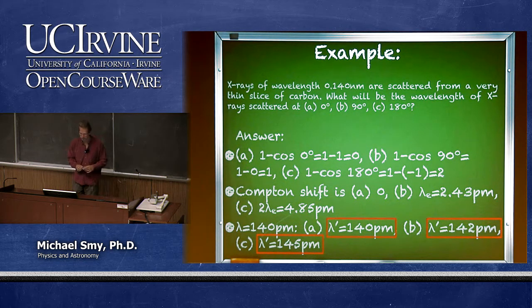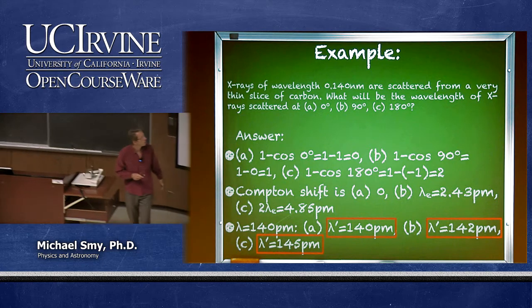So let's calculate an example. Let's assume we have X-rays of wavelength 0.14 nanometers or 140 picometers. And we scatter them from a very thin slice of carbon. And the question is, what will be the wavelength of the X-rays after scattering when they scatter at 0 degrees, at 90 degrees, or at 180 degrees?